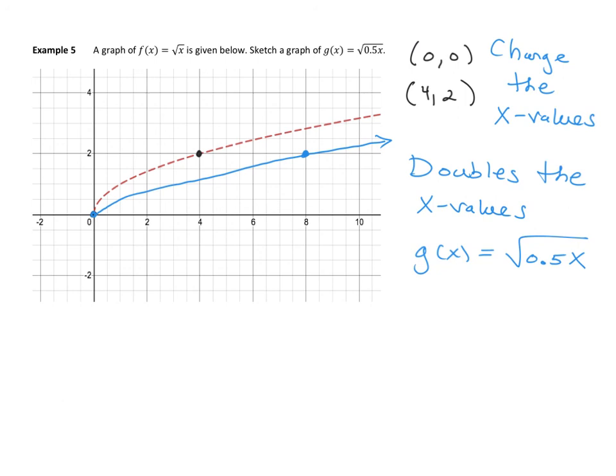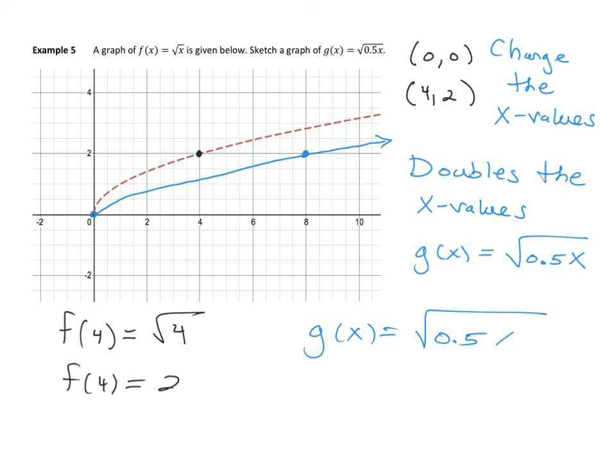Now, why does that happen? Why do you double instead of take half of the x values? So here's why. This is the point 4, 2 on the original function. The reason is because if you put 4 in place of x, you are taking the square root of 4, and that gives you 2. So you get the point 4, 2. However, if you look at the function g of x is equal to the square root of 0.5x, if you want this whole thing under the square root to be 4, the number that you have to put in place of the x, it's not 4, it's not 2.